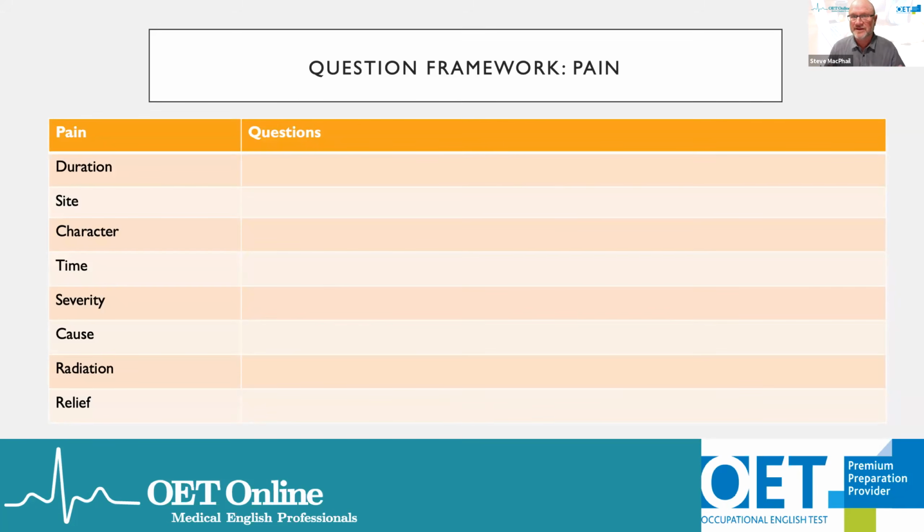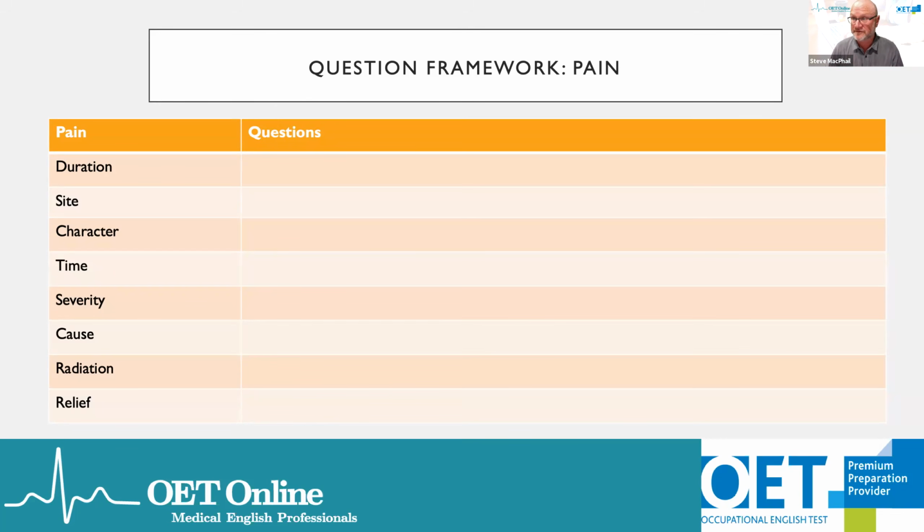So I've created a little framework here, and I've got the topic of pain. A lot of times you'll have a patient who has some degree of pain, and having a good framework to build your own skills and sentence structure is a really good thing you can do. So we've divided it into categories, everyone.